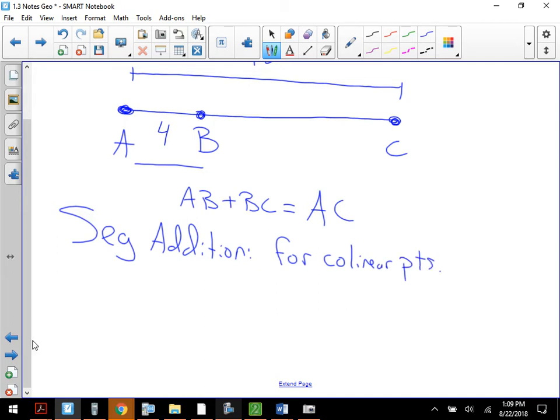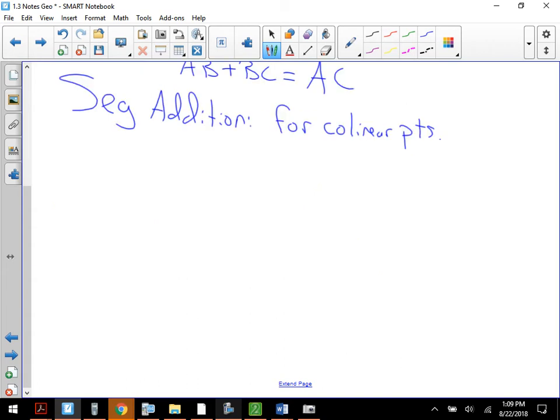Some smaller segment plus a smaller segment equals a larger segment. That's really all it is. 2 smaller segments on the same line add up to be the larger.